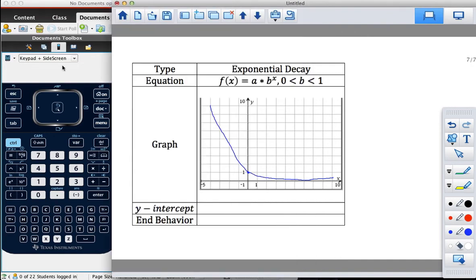So in here again, for this one, we said A was equal to 1, and so that's why our y-intercept is at 1. Your y-intercept is always going to be whatever your A value is. And then the end behavior on the right side of the graph, as x keeps on approaching positive infinity: as you go farther and farther along this graph, instead of going down to negative infinity, your y value is going to approach, or get closer and closer to, 0.